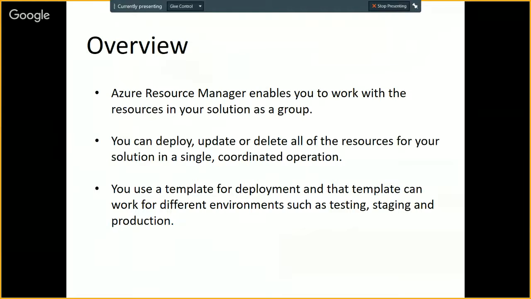You could have multiple subscriptions for a company, say one for engineering, one for marketing. Then it goes down to resource groups. If you have a small company, engineering and marketing would be at that level, and you deploy resources for those resource groups. For larger companies, it might be per application or per application group, whatever's needed to host that. It just depends on your size and your need.